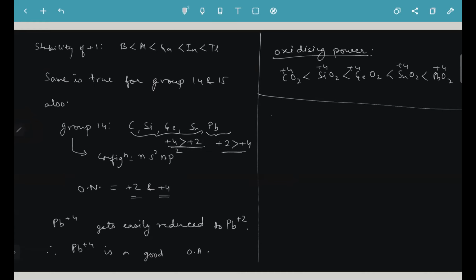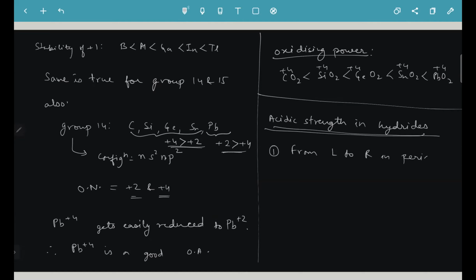Now we will discuss options B and C of the 13th: acidic strength in hydrides. Hydrides are compounds with hydrogen. From left to right in a period, as electronegativity increases, acidic strength increases.